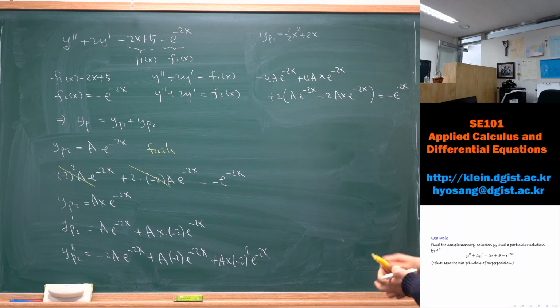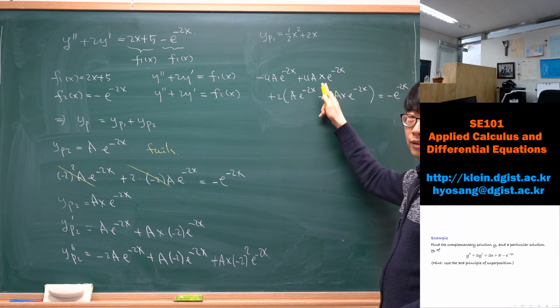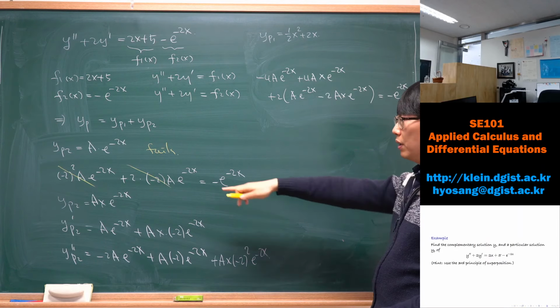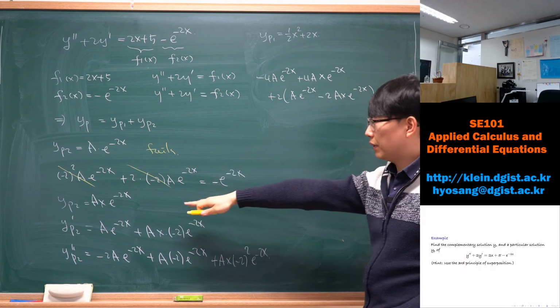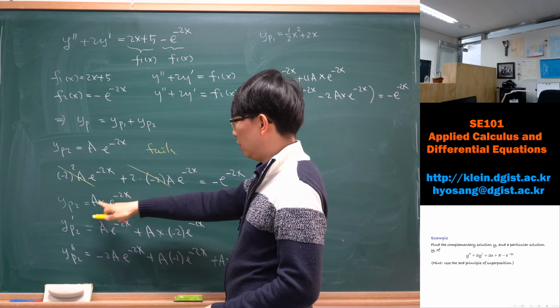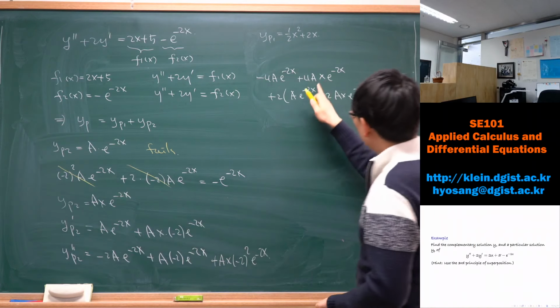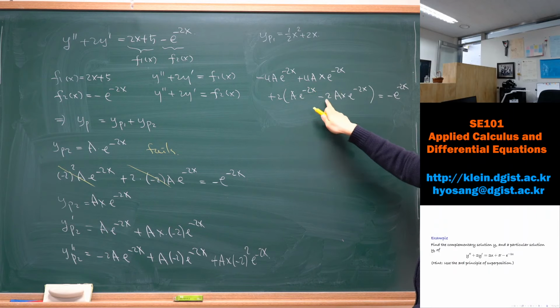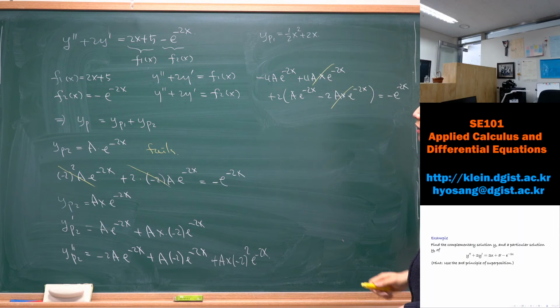What we have here seems like it's purely by luck, but it's not. That's why we actually multiplied x here. You see that 4ax is cancelled out with the minus 4ax right here. So we don't have x e to the minus 2x terms, which don't appear on the right hand side.